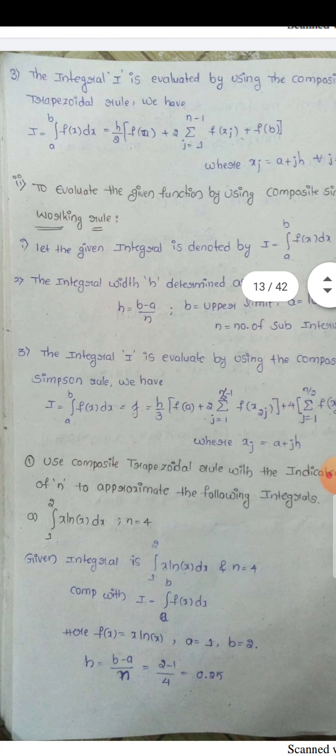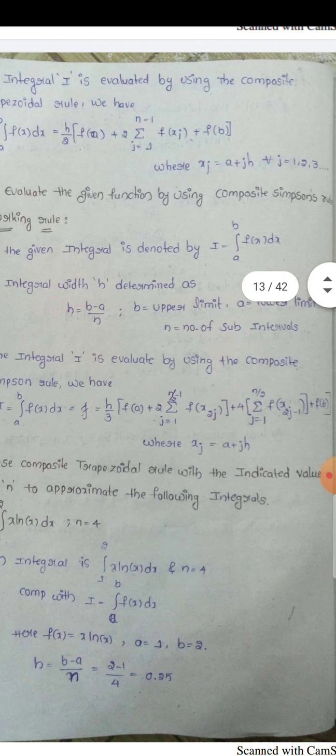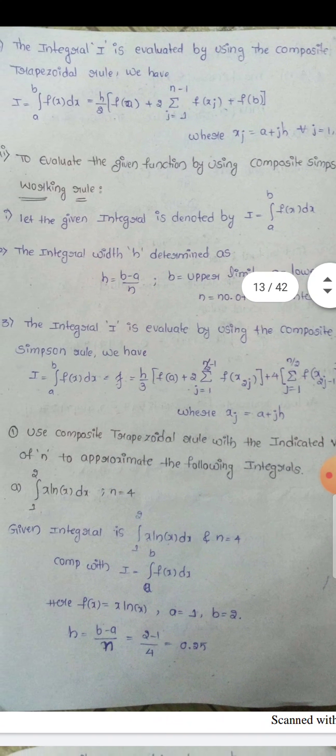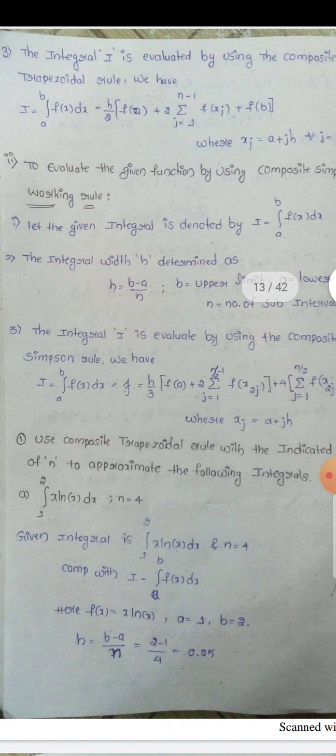To evaluate the given function using the composite Simpson's rule, working rule: let the given integral be denoted by I equals the integral a to b f of x dx. Second point, the integral with h determined as h equals b minus a by n, b equals upper limit, a equals lower limit, n equals number of subintervals. Third, the integral I is evaluated using the composite Simpson's rule.